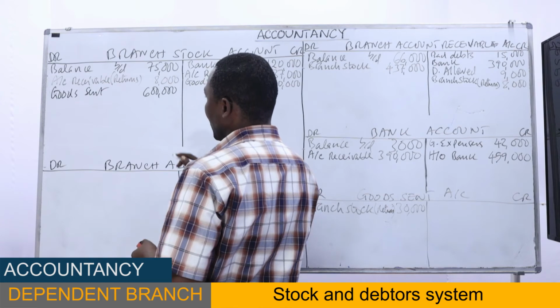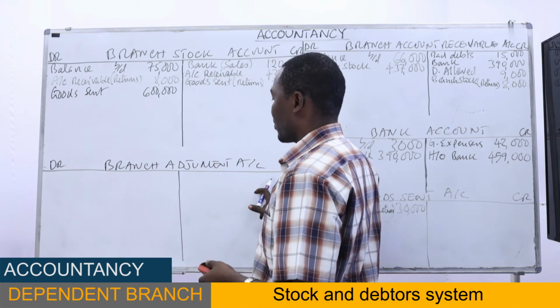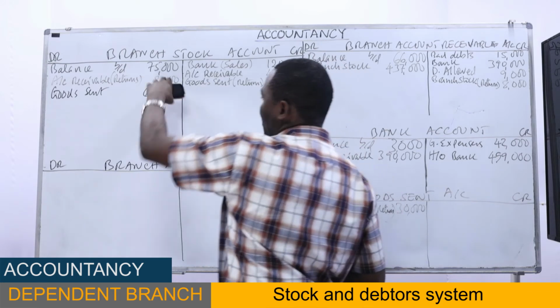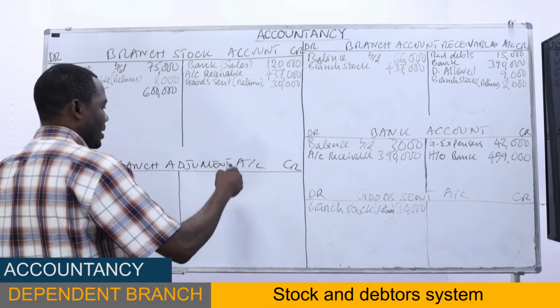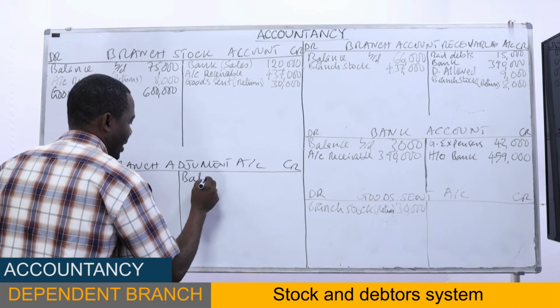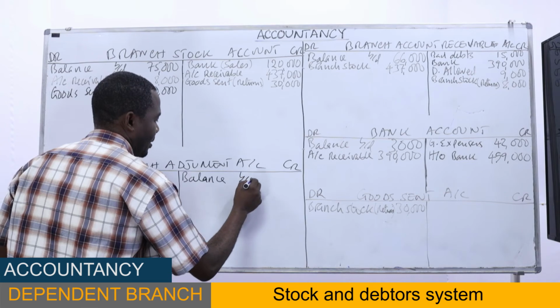Before we recognize the 200 here, we need again to compute the unrealized profit in the opening balance.